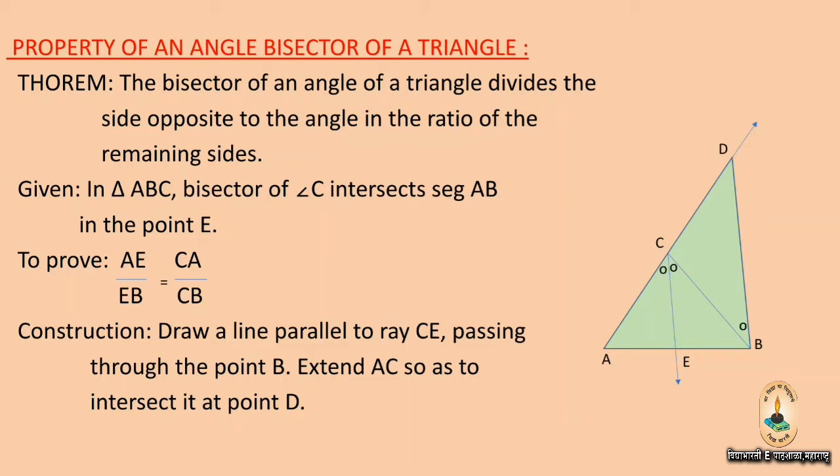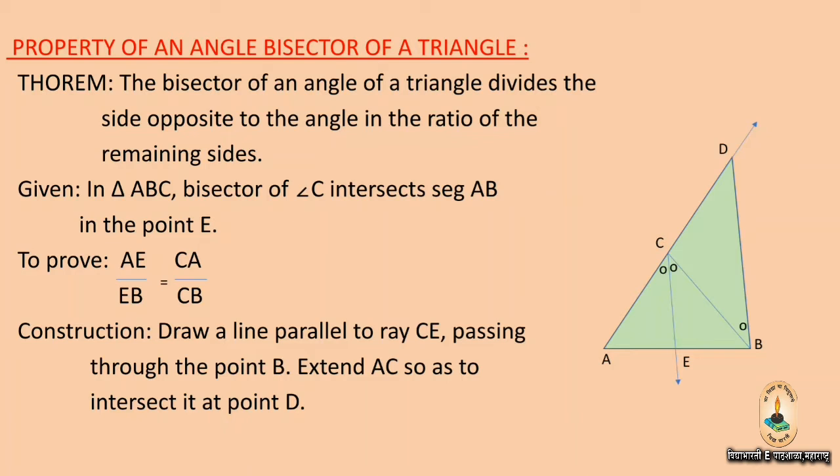First, draw the triangle ABC. Then, draw the bisector of angle C. Here, ray CE is the bisector of angle C. Then, extend AC to get the ray AD.